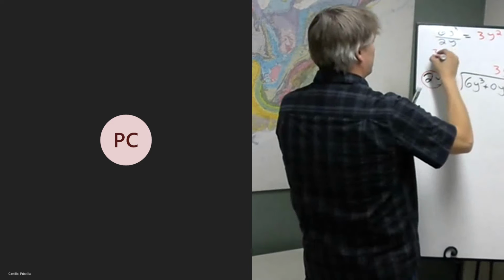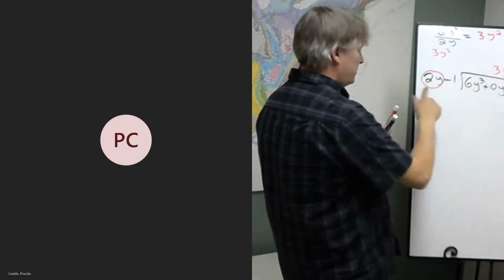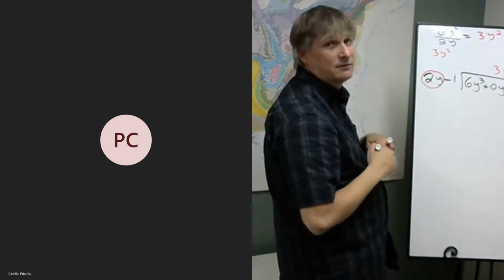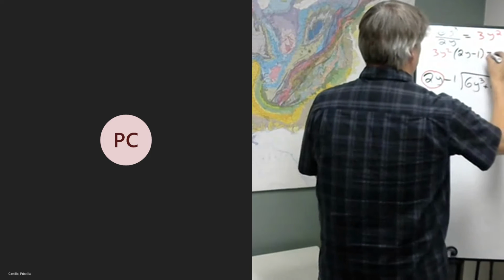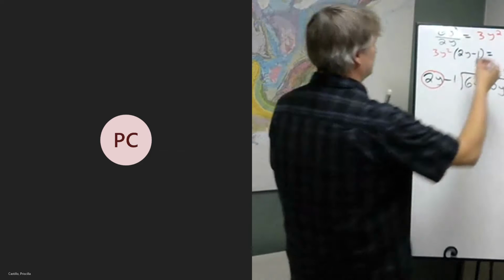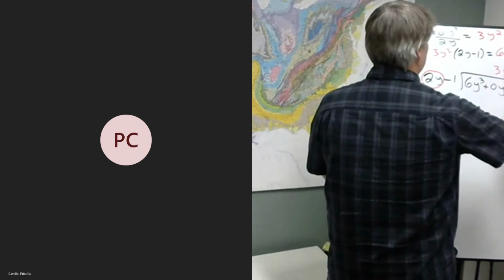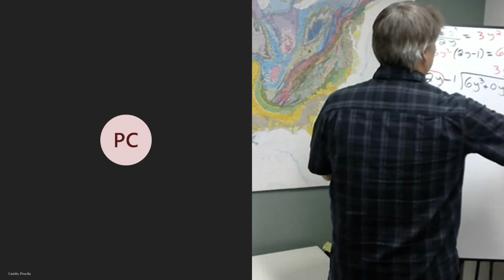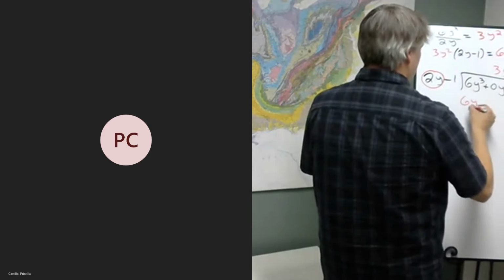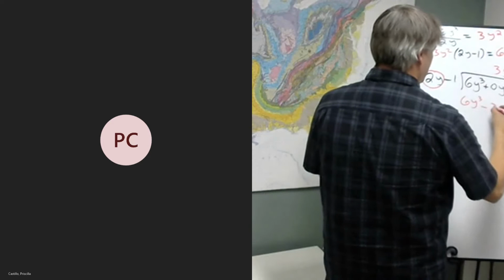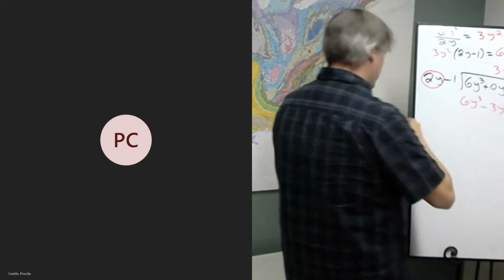Now we take 3y squared, we multiply it to the entire divisor. And so we'll have 6y cubed minus 3y squared.